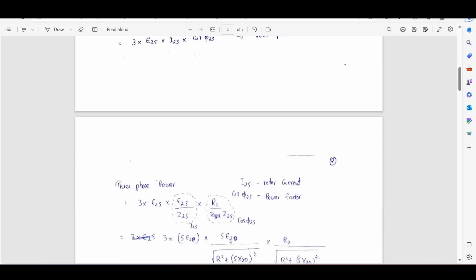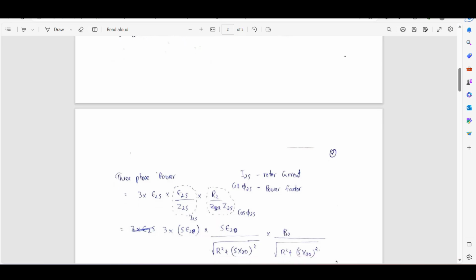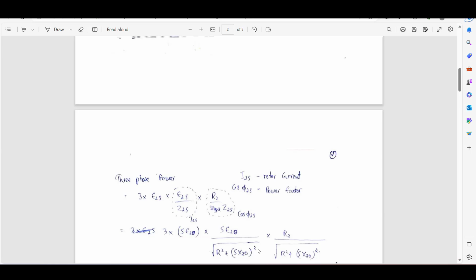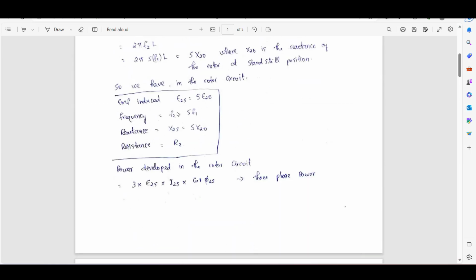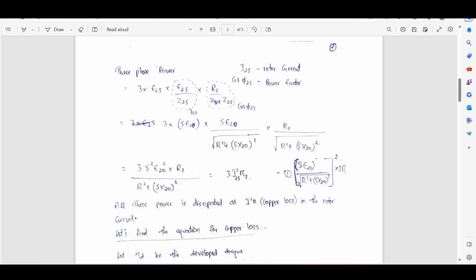R2 is the same, and Z2(s) is the square root of R2 squared plus the reactance squared, that is R2 squared plus (s X2(0)) the whole squared. Substituting these identities eventually leads us to this equation: the three-phase power developed in the three-phase induction motor is 3 × s² × E2(0)² × R2 divided by R2² plus (s X2(0))².